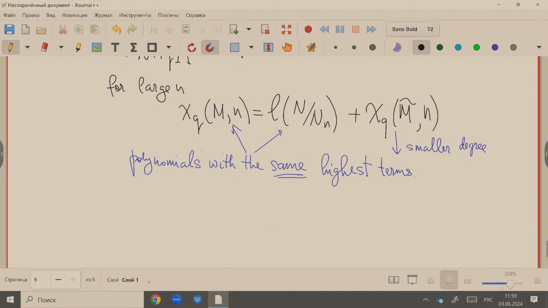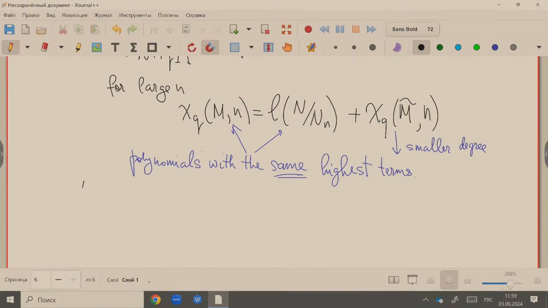So what happens is that the Artin-Rees lemma tells us actually the following, that the filtration n is Q stable.